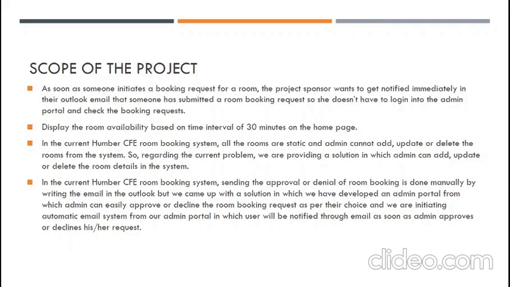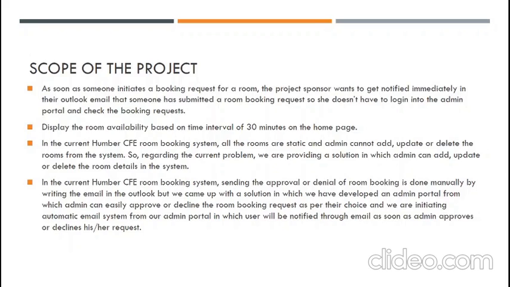The fourth scope was that the admin is currently manually approving and denying room booking requests and sending a handwritten email from Outlook to the user saying that the request has been accepted or denied. For that, we came up with an easy solution.